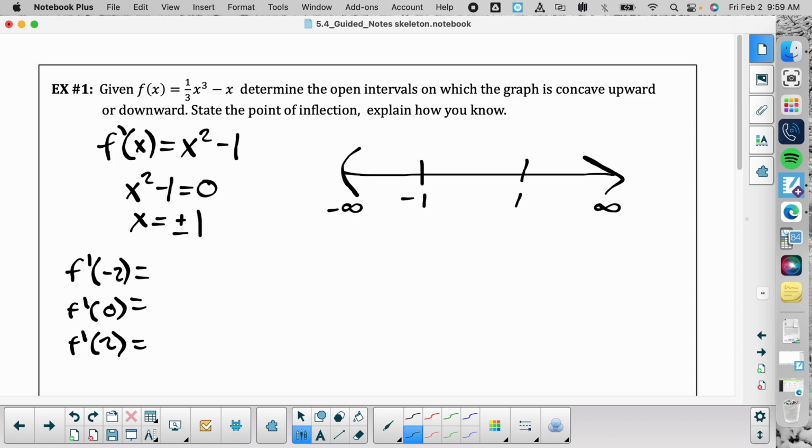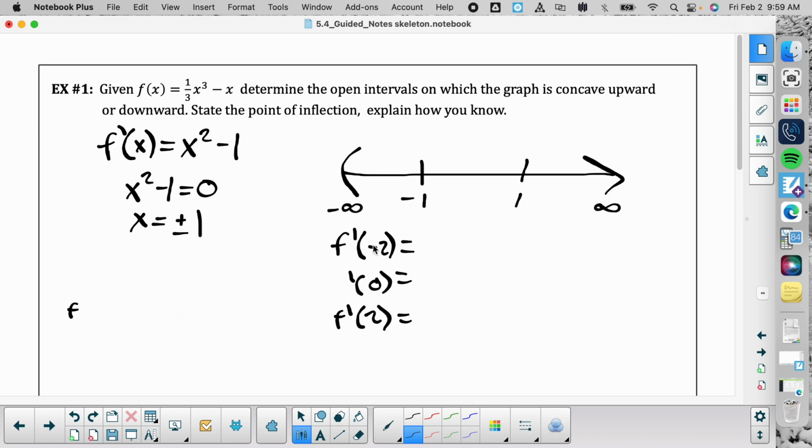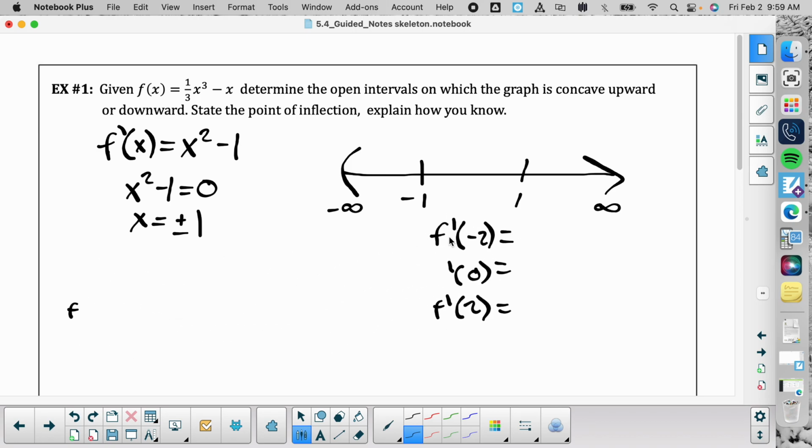Okay, so what you're doing right there is testing where it increases and decreases? Okay, so you were picking a number in each section to test in the first derivative. Now, I want to highlight the fact that she wrote f prime next to each one of those. Some of you were just writing 0 equals plus.